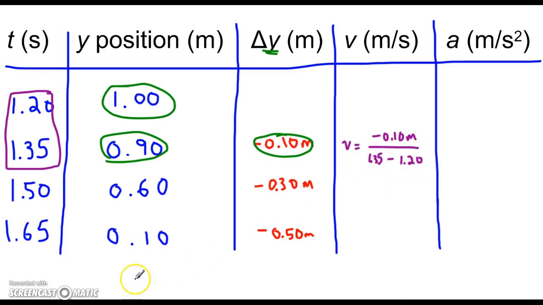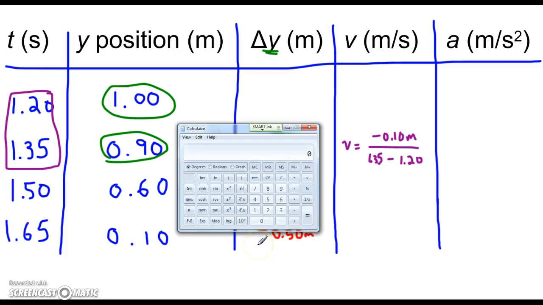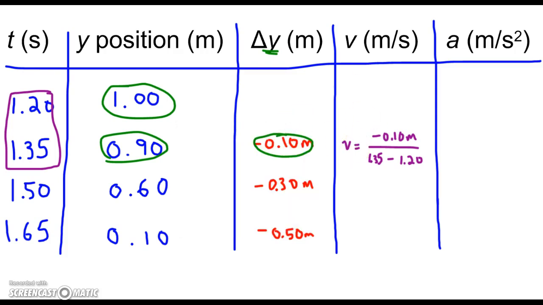So that's 0.15 in the denominator, and we do negative 0.1 over 0.15, and you get negative 0.6 repeating. So I'm going to take this work away because I don't have enough room, but you can show the work in your notes. Negative 0.6 repeating. So I'll just show a couple of sixes. Meters per second.